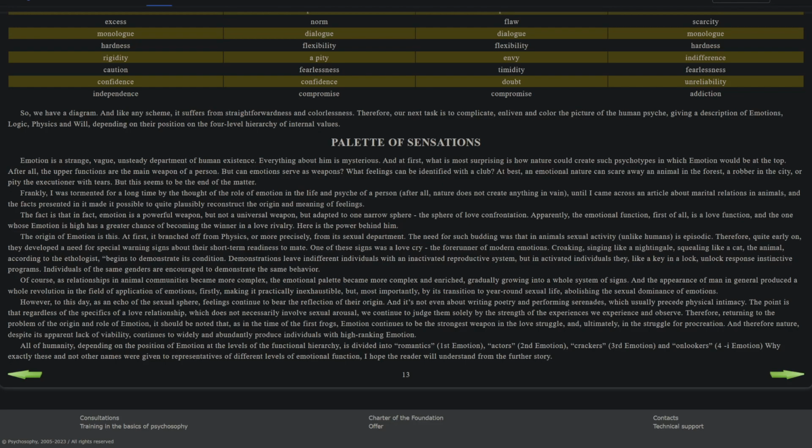And in fact, I've just done a bit of commentary here. It's funny. When he was describing the emotions as a weapon or a useful tool, I think predominantly he's talking about the first emotion, one-e, and then when he said, at best an emotional nature can scare away an animal in the forest, I thought of this movie.